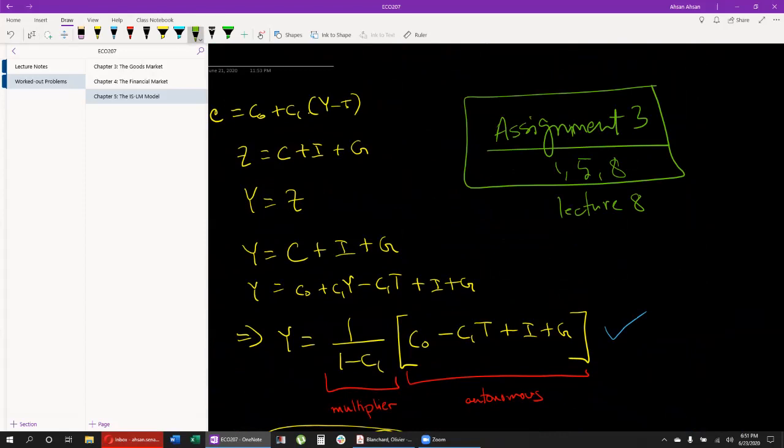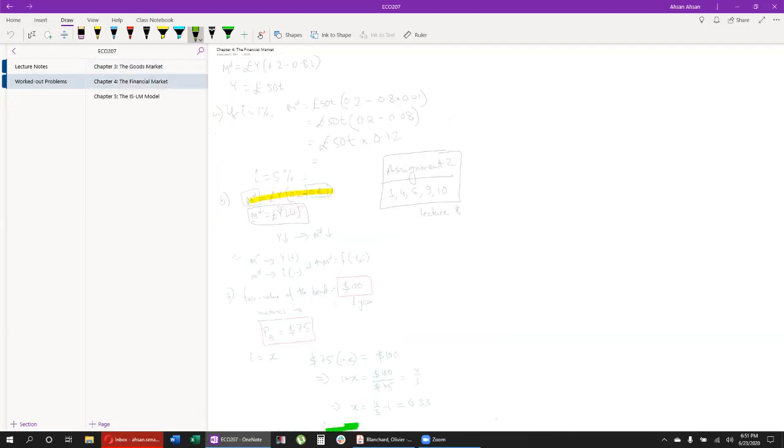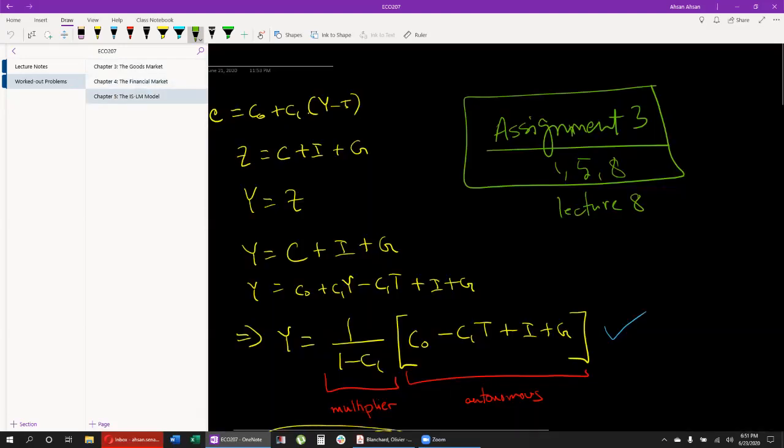All right, so now that's all the 3 assignments that you guys have to do. So from chapter 3, you have to do 1, 6, 8, 9, and 10. From chapter 4, you have to do 1, 4, 5, 9, and 10. And from this chapter, you have to do 1, 5, and 8. All of this is due on lecture 8.